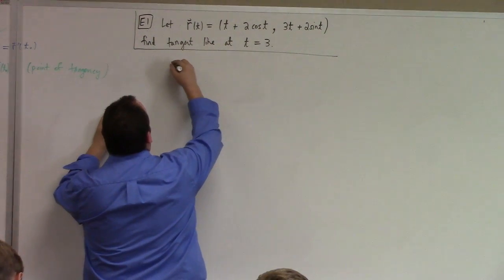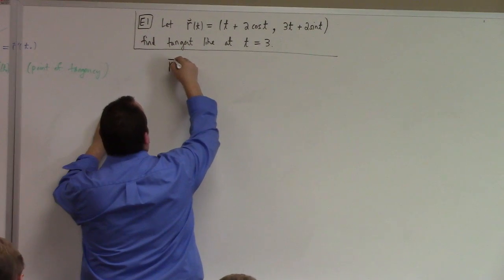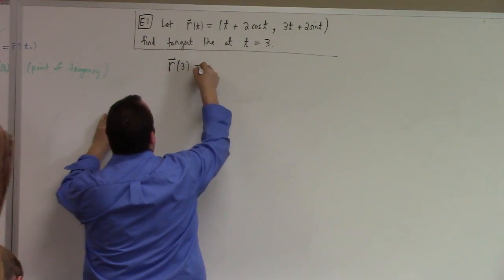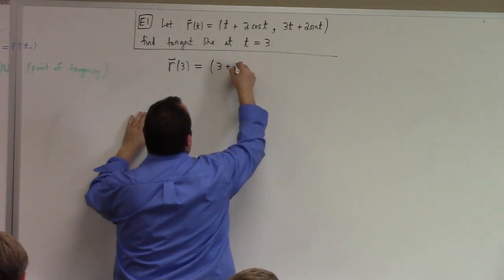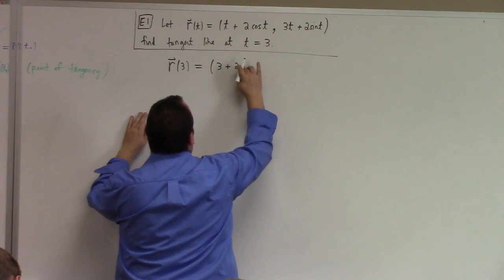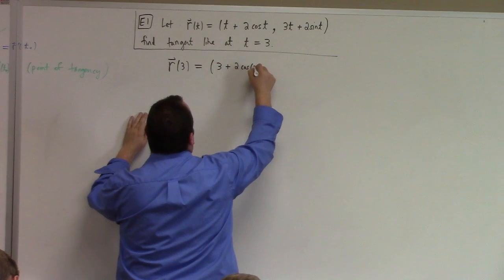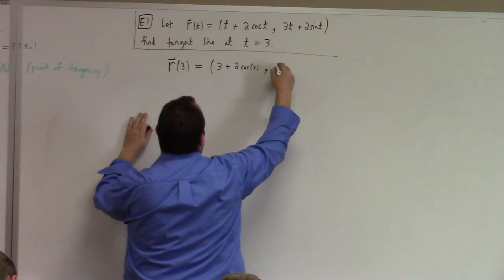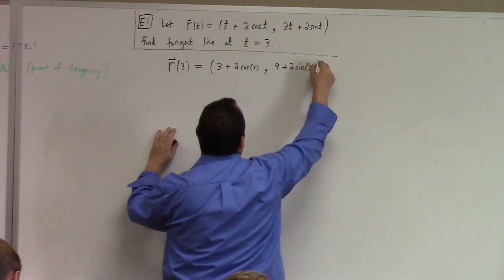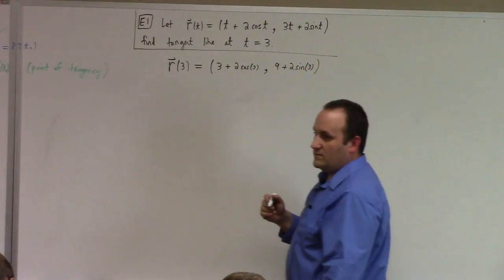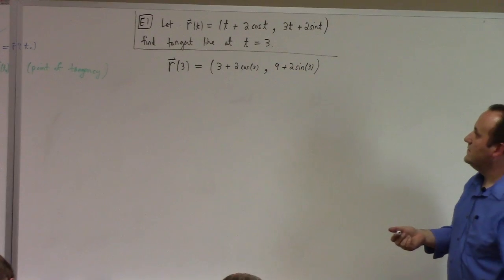Pretty simple. First of all, what is r of 3? It's 3 plus 2 cosine 3, comma, 9 plus 2 sine of 3. So this is the point of tangency, the r of t naught.